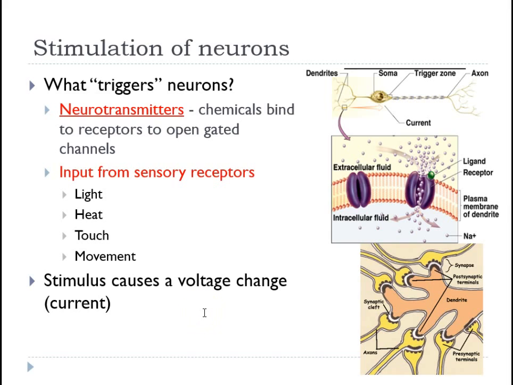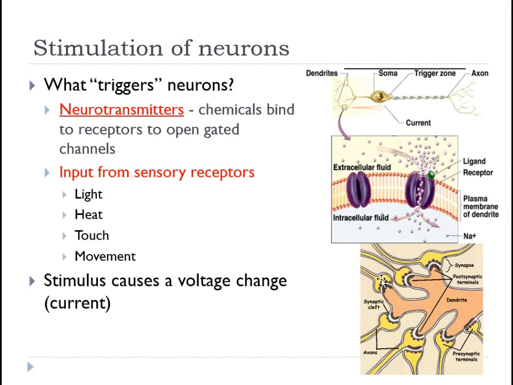So the stimuli of the neurons, what's going to trigger it, are those neurotransmitters. Remember, at the end of those axons, we're going to have these neurotransmitters. The electrical energy is going to come down, eventually go to the end of the axons, and release those neurotransmitters. Those neurotransmitters, which you're seeing right here, are going to touch a dendrite of another neuron.